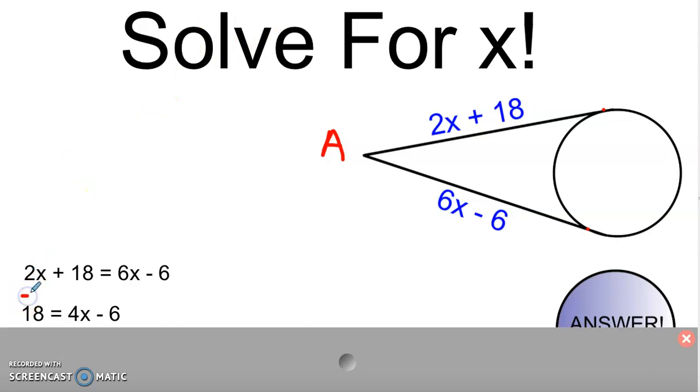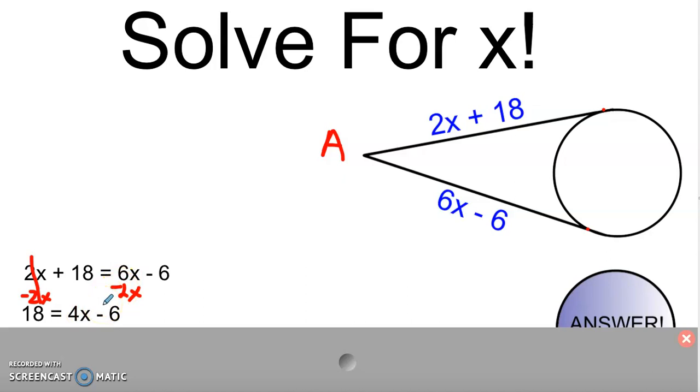So 2x went here, and 2x goes here. Okay, these cancel. I'm left with just 18 on this side, and then I'm left with 6x minus 2x equals a total of 4x.